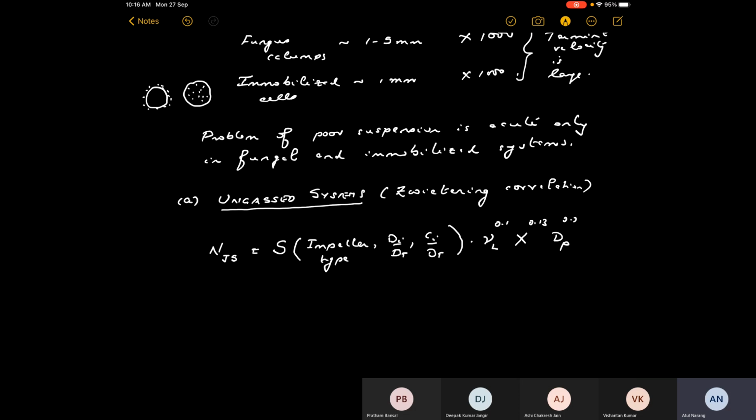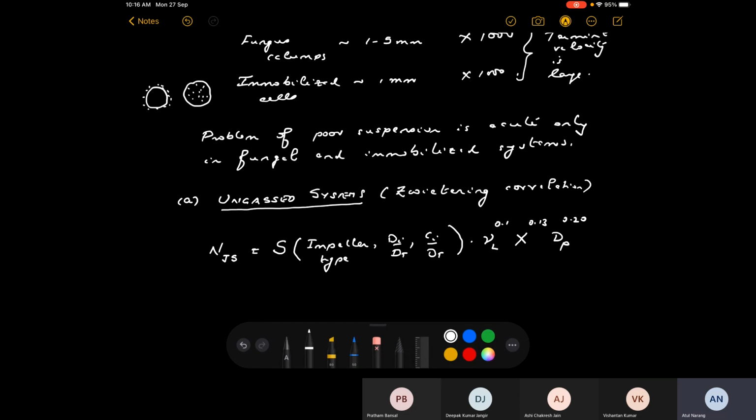Now notice that these powers are all low. I put this in green brackets because of weak dependence.